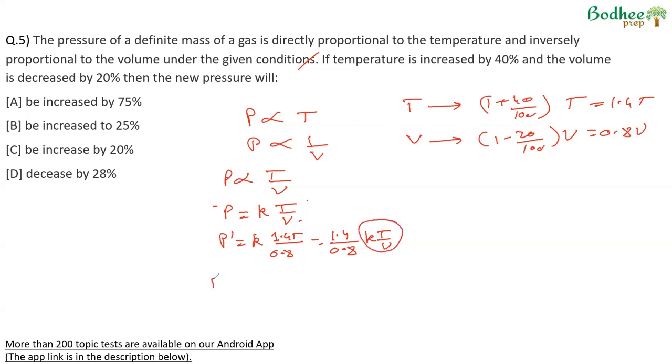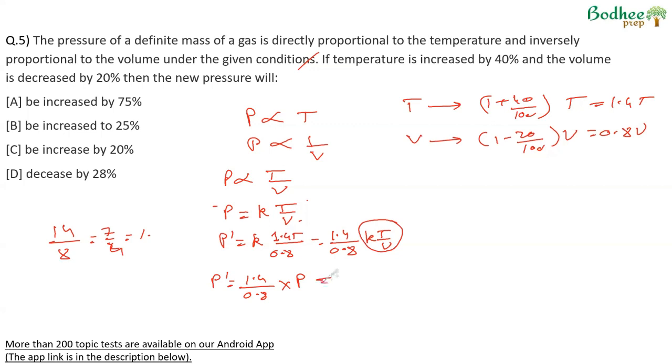This is the old pressure. So new pressure will be 1.4 upon 0.8 into old pressure. 14 upon 8 we try to solve. 14 upon 8 will be 7 by 4, which is 1.75.